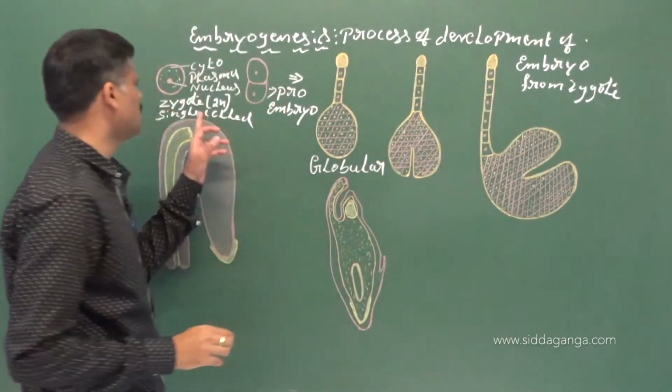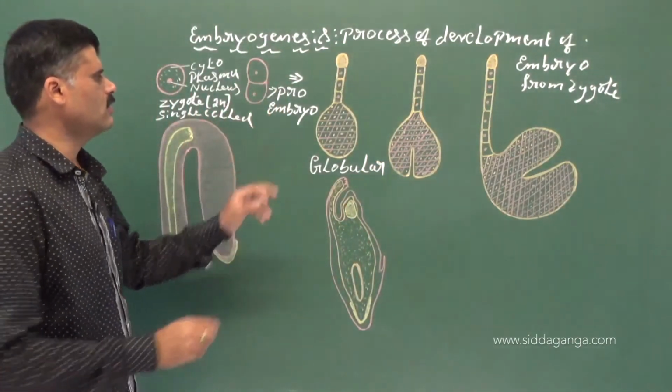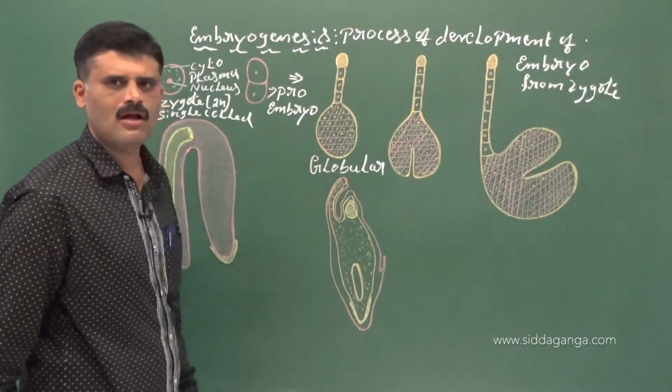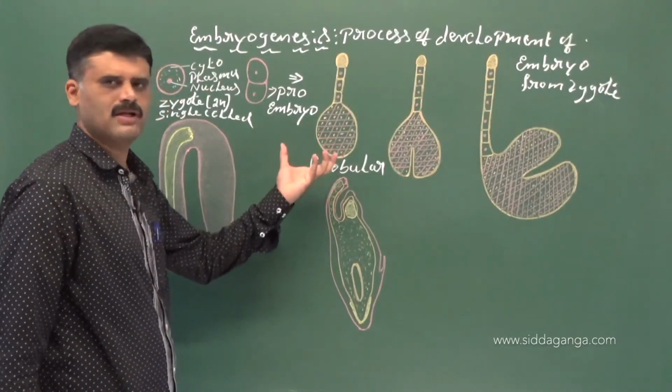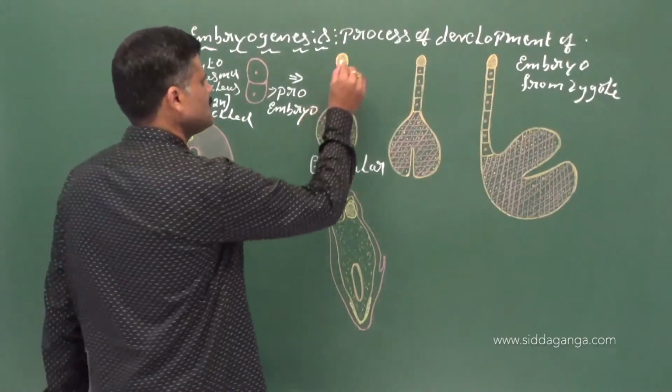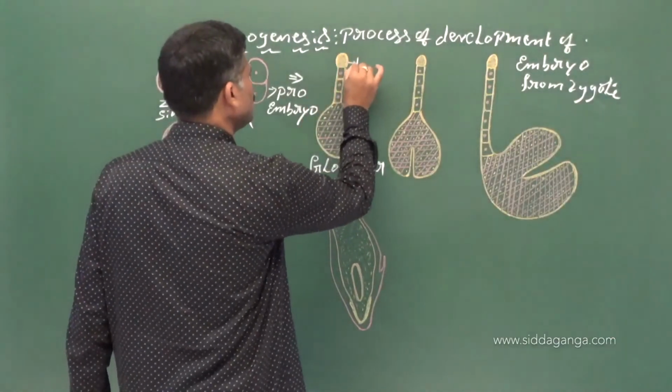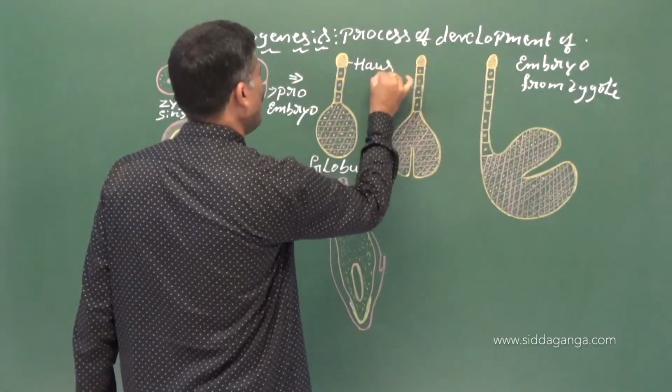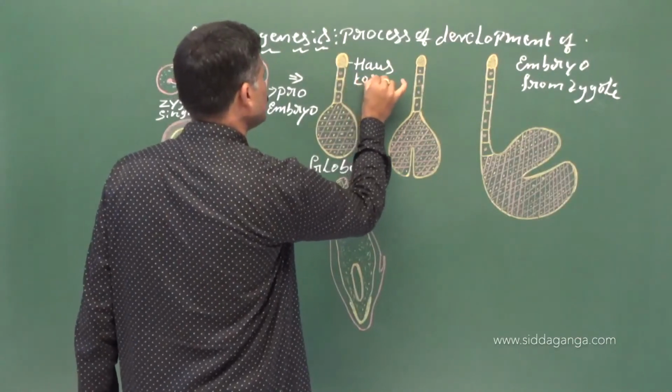See, the proembryo develops what? A globular embryo, a globe shaped embryo which consists of the ostomium.